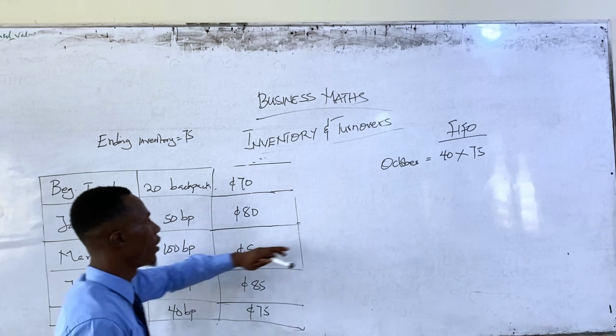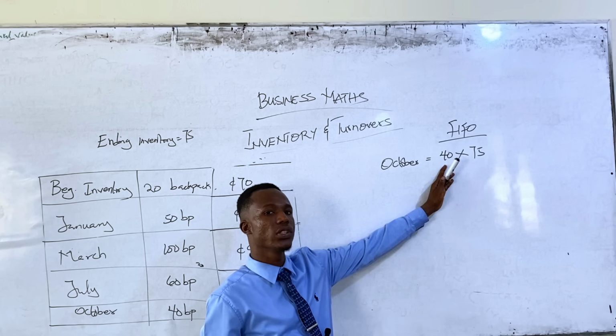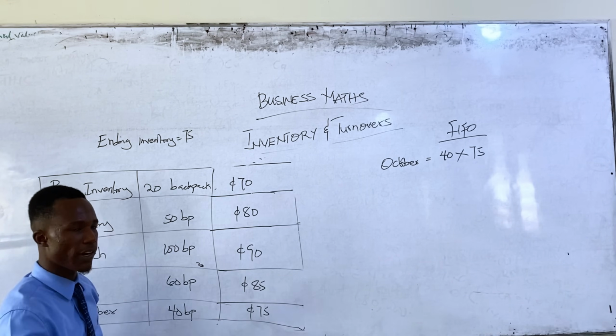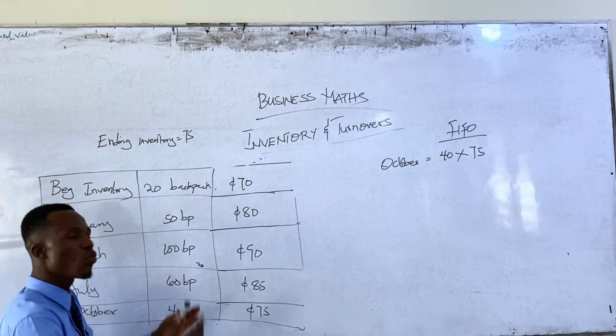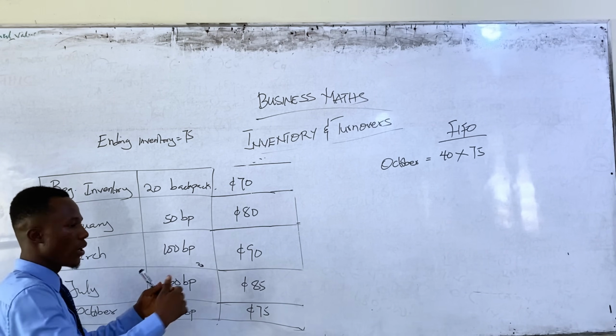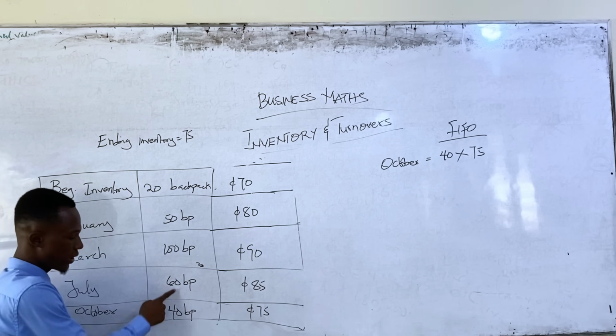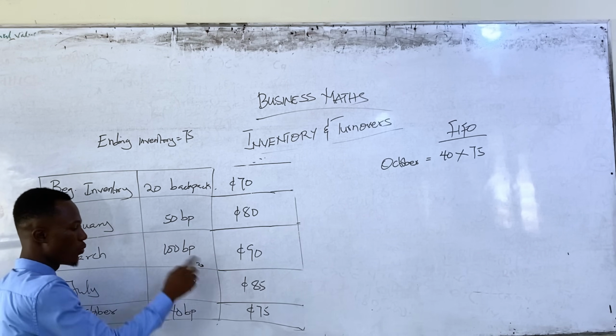So 75. We have calculated for only 40. It means how many are left? 35. Then the 35 in the warehouse was from the month of what? July. Since you are done with this one, you move to the next month.